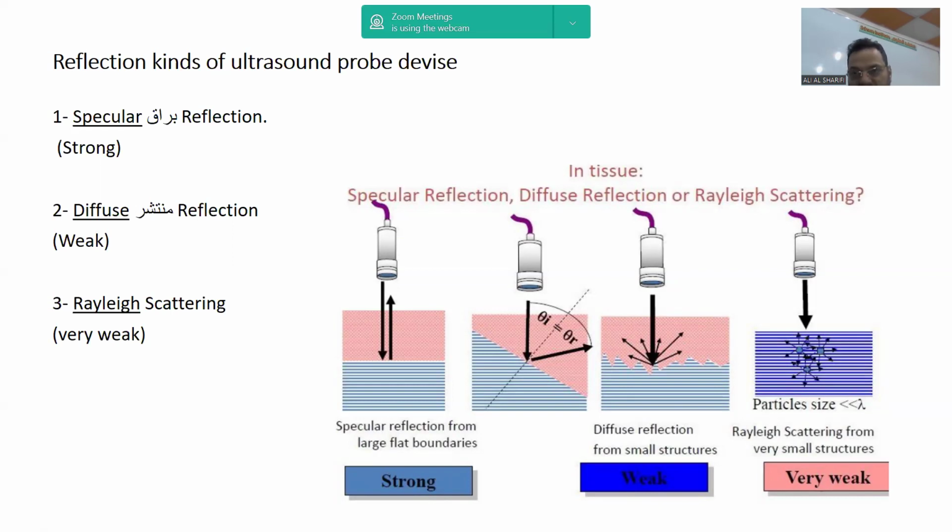Specular reflection is the strongest one, from large flat boundaries. Here we have smooth lines, like whiteboards. Most of the incident waves will be reflected back in the probe direction again. Why? Because here we're dealing with flat boundaries with a smooth shape.